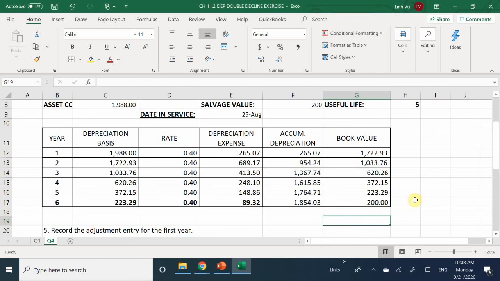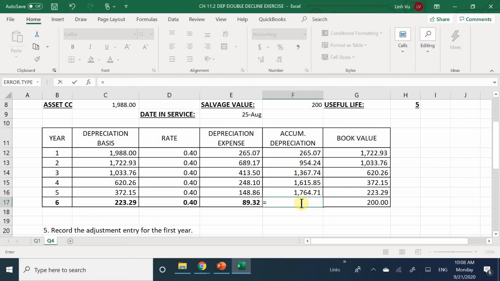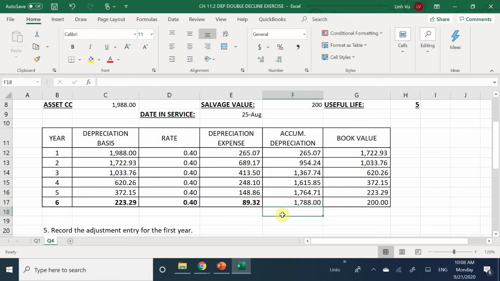1988. So I know that this is going to change. It's going to be 1988 minus the 200, which gives me a total of $1788 worth of accumulated depreciation. I just took the formula and rearranged it because I have 2 components out of the 3.